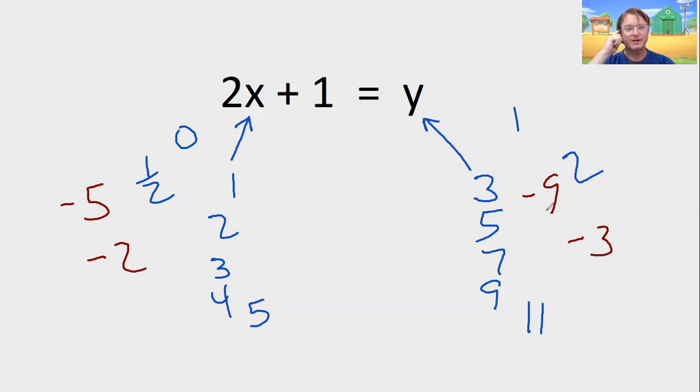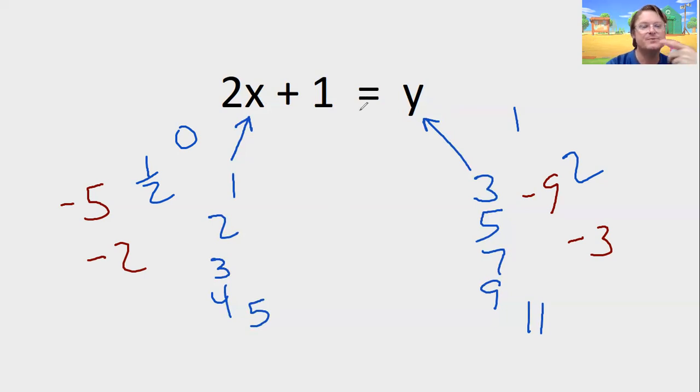Because if you plug in a 1 for x and a 3 for y, you get both sides are equal. All right. Good. Nice job. So guess what? I'm gonna show you some things. It is not a coincidence that I used x and y here for the variables.